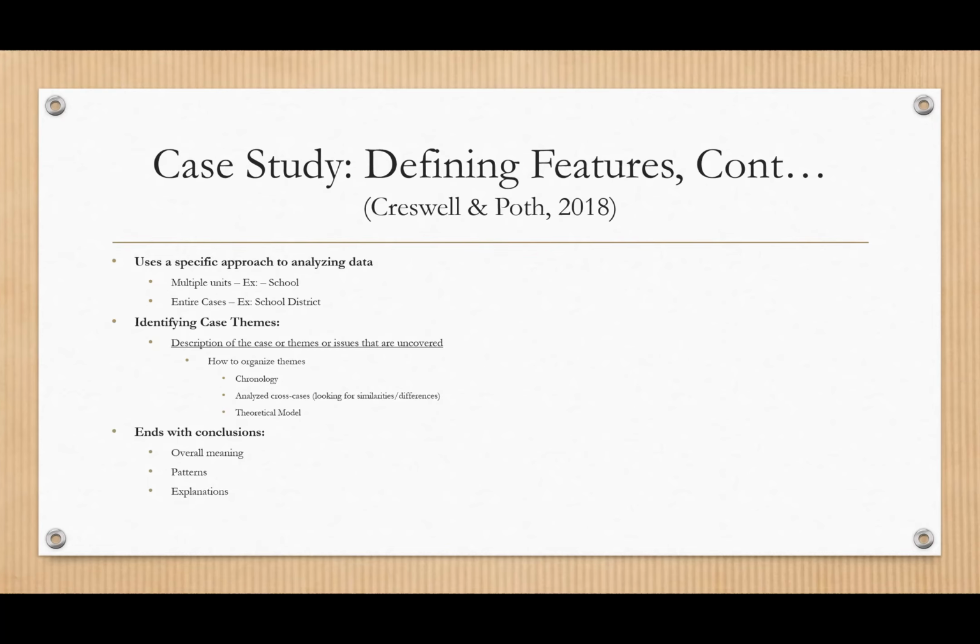They can be analyzed across cases, looking for similarities and or differences, and or a theoretical model can be used. The case study ends with conclusions, explaining an overall meaning, patterns that have come up, or even explanations of the research.